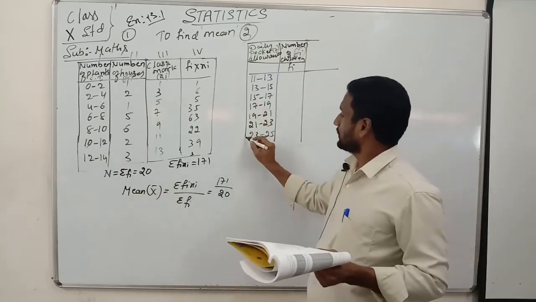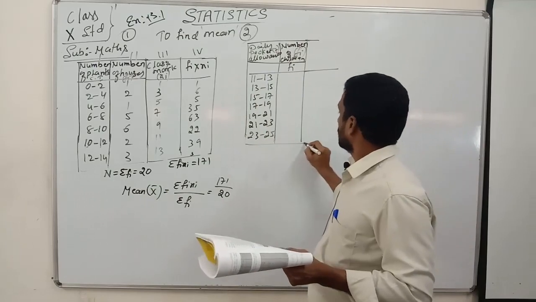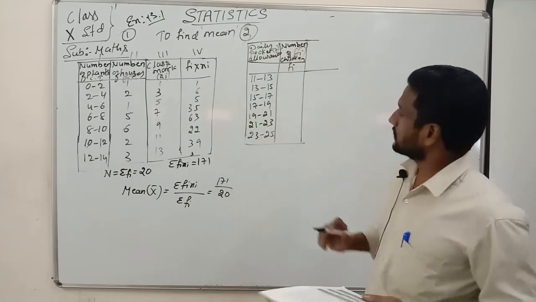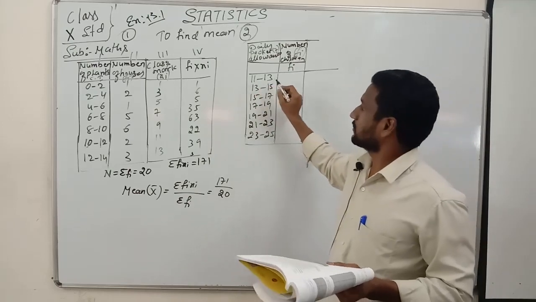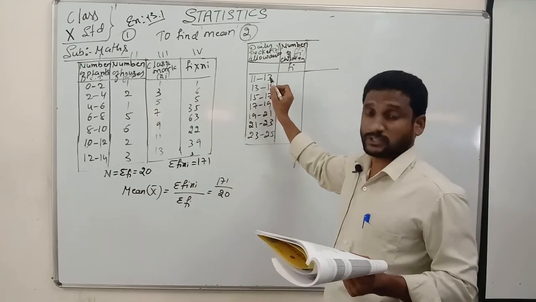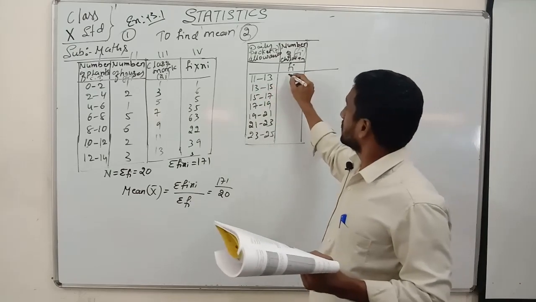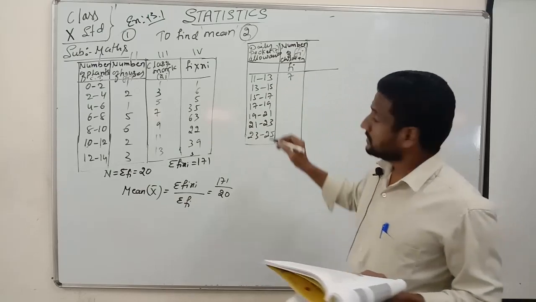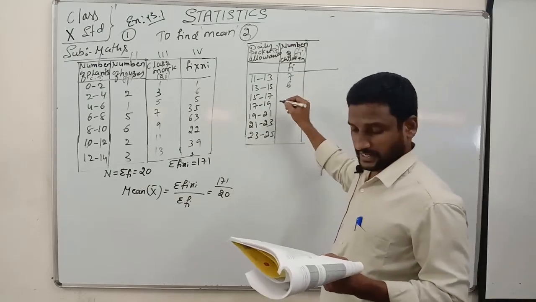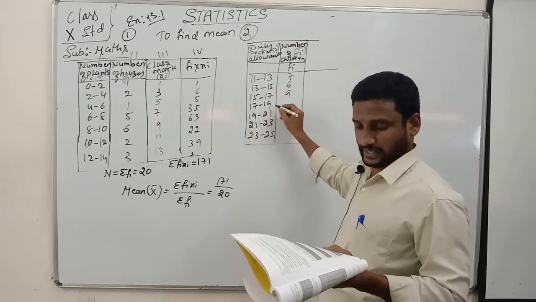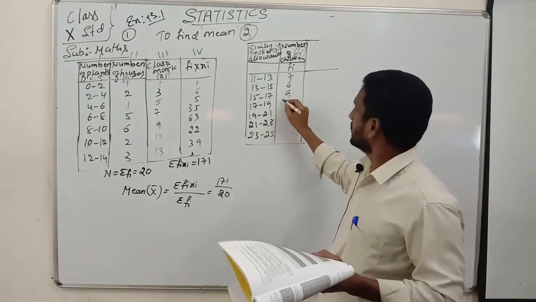So this is the daily pocket allowances in rupees, 11 rupees to 13 rupees. Again, number of children, how many of them have 11 to 13 rupees? 7 children. Again, 13 to 15 rupees, how many children? 6 children. Similarly, 15 to 17 rupees, 9 children. 17 to 19 rupees, 30 children.